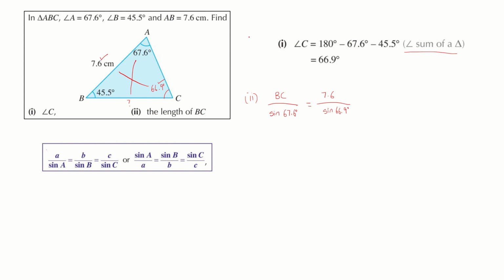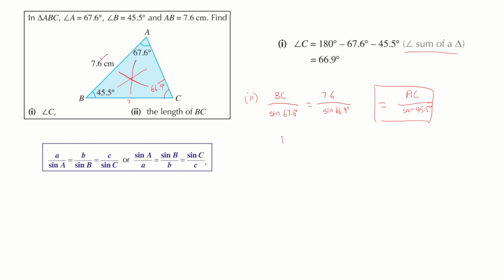Then you may say that, hey, actually this is also equal to my AC over sine 45.5 degrees. Of course, this is also the same. But let me just box this up and ignore this first. Let me just continue to solve for BC.